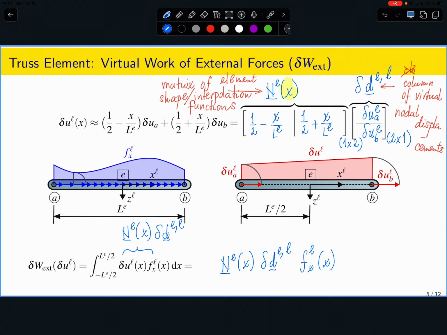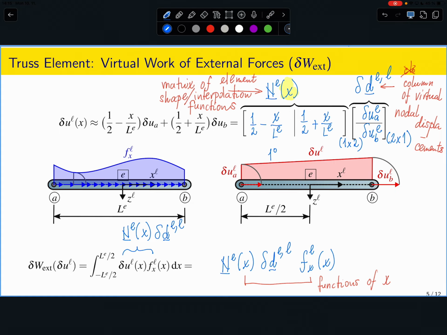So now if I write it in this very particular way, I will see that these two are functions of x. This first one is some given function of x depending on how my element is loaded. And this one is now also a given function of x because I have said that I will have this first order polynomial interpolation between these two.